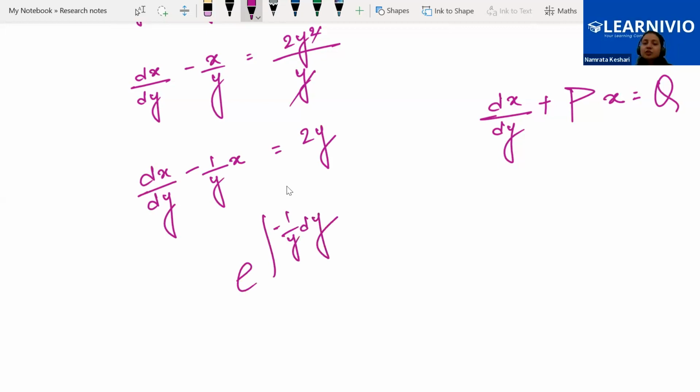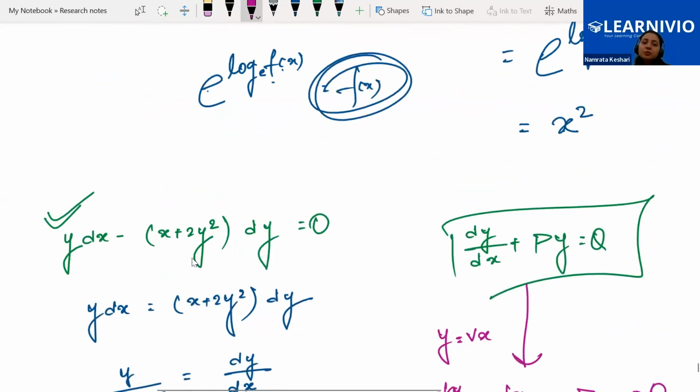just do it from the very beginning. Note it down: y dx minus x plus 2y square dy is equal to 0. Noted?